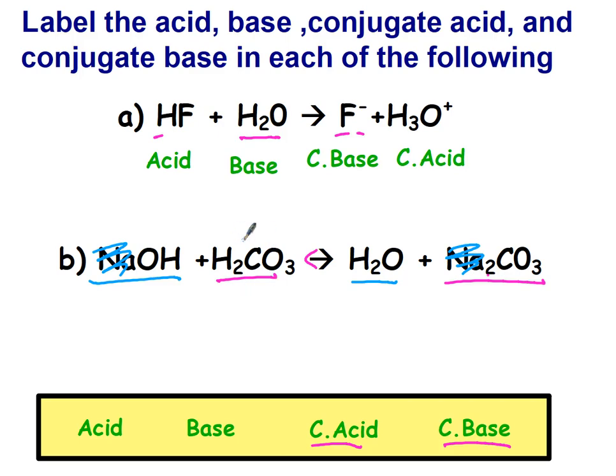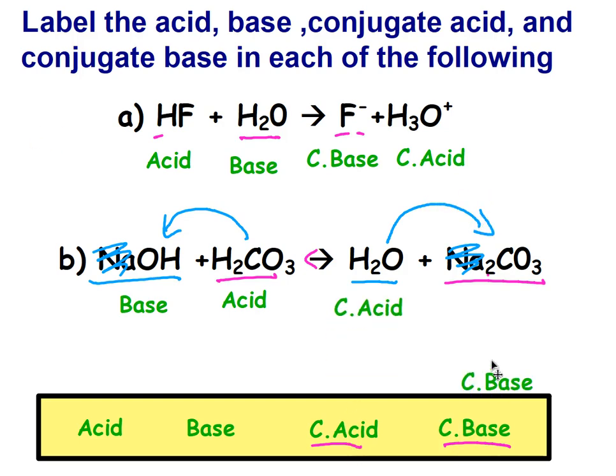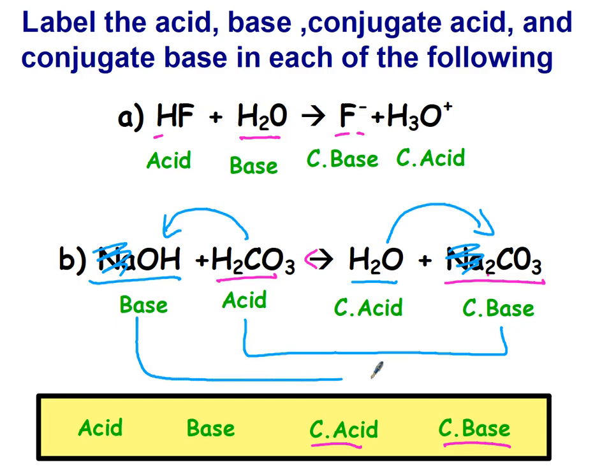So carbonic acid is going to lose a proton to OH, so it's the acid, and OH is the base. And then in the reverse reaction, H2O is going to lose a proton, so it's the conjugate acid, and this one's the conjugate base. Notice the two that are related to each other have to be opposites.